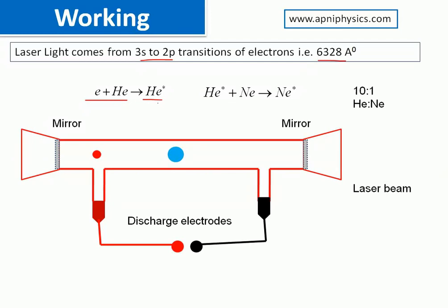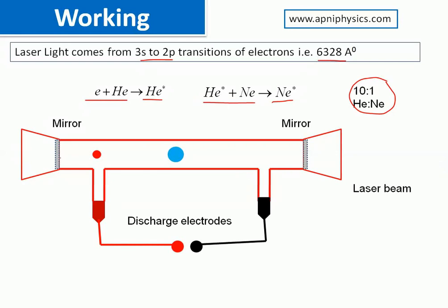So first of all we excite the helium atoms, and then this excited helium atom collides with the ground state of the neon atom, and because of this collision the neon atom comes into its metastable state, right? The ratio we have discussed earlier, that is 10 to 1, where 10 is for the helium atoms and 1 is for the neon atoms.